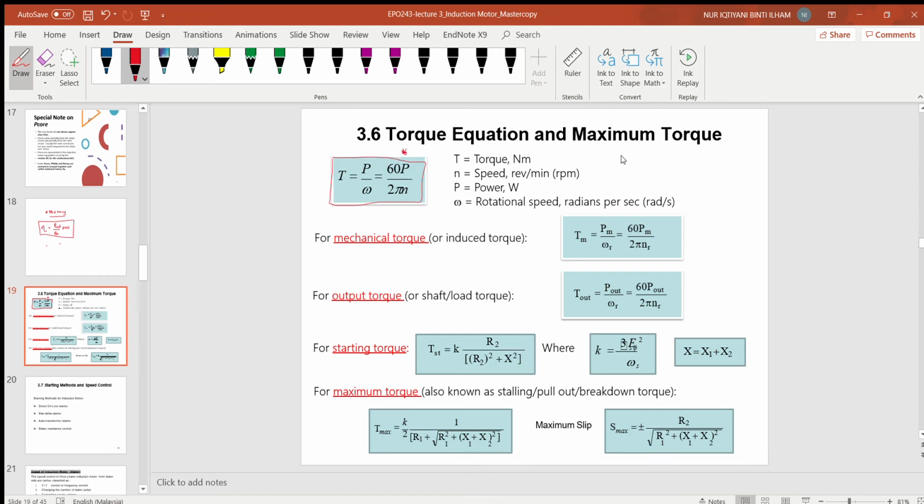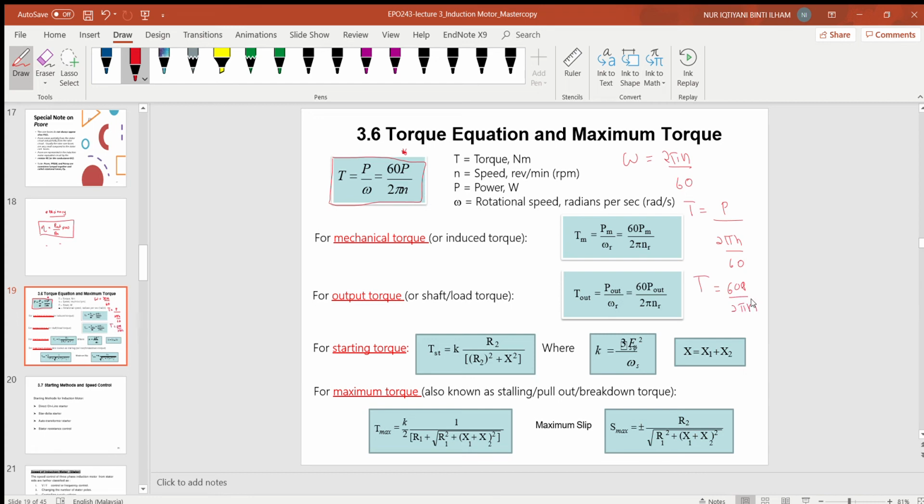It's by converting the N into omega. Omega is 2 pi N over 60. If we insert this omega into this equation, you will get torque equal to P over 2 pi N over 60, and eventually you will get 60P over 2 pi N.